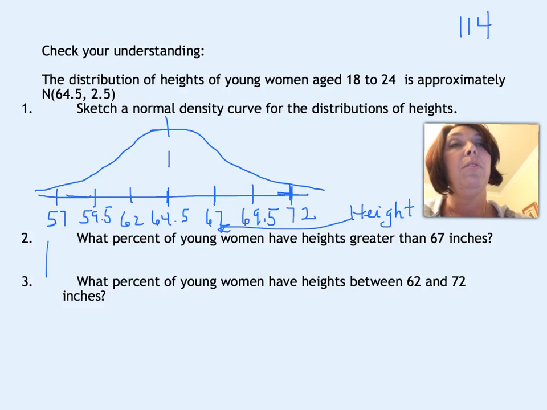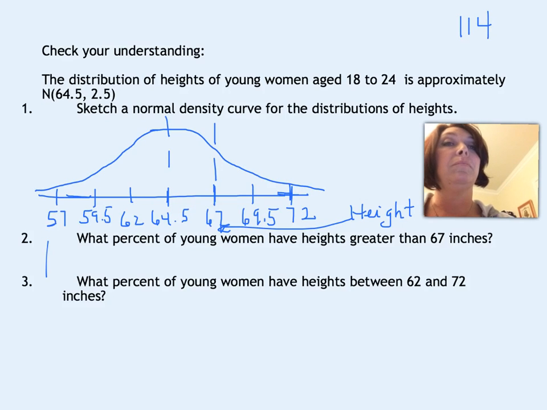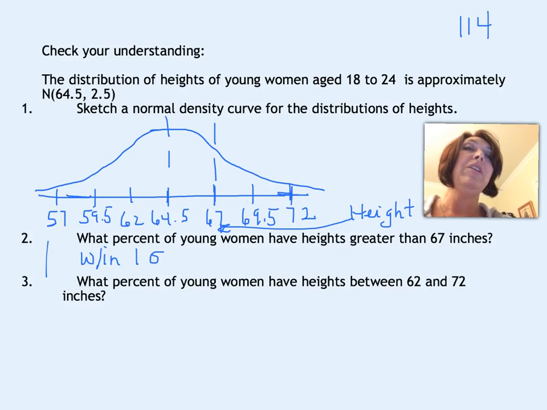Well, 67 inches is within 1 standard deviation of the mean. We know that within 1 standard deviation of the mean, we have 68% of the data. But we don't want to use both sides of that.